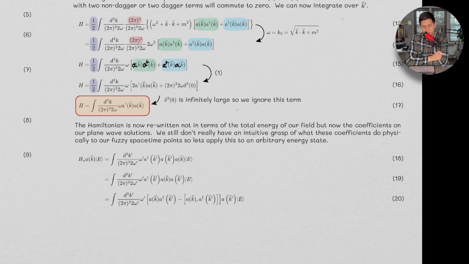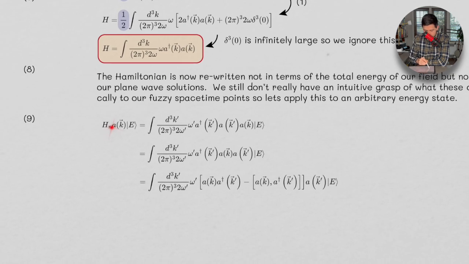We still don't really have an intuitive grasp on what these coefficients do physically for our fuzzy spacetime points. So let's apply this to an arbitrary energy state to see what it does. When we see what it does to an energy state, then we can get a physical intuition for what it is. We're going to ignore the n for a second here. We have H, and we're going to apply it to A and then to an arbitrary energy state.